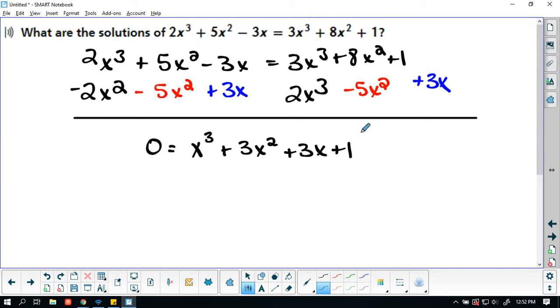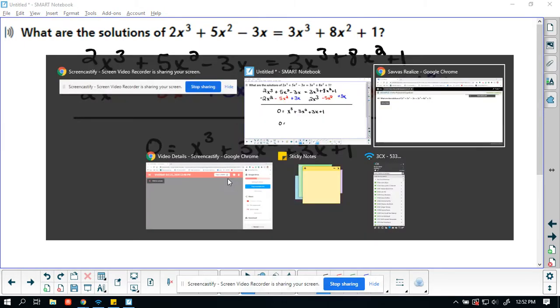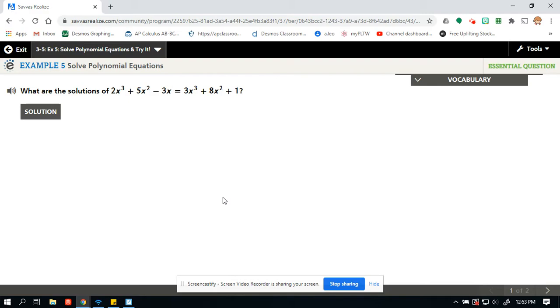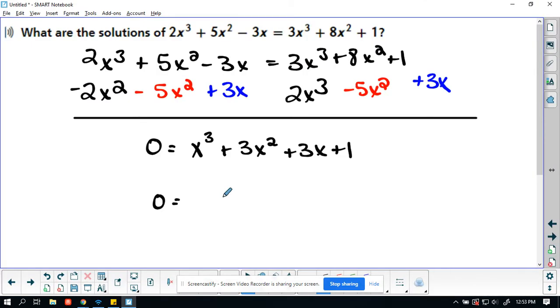Now looking at this, I'm determining if I want to factor by grouping, but I don't think that's going to work here. I'm looking at this polynomial.